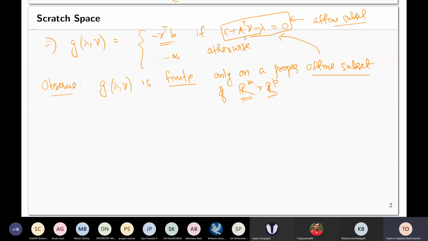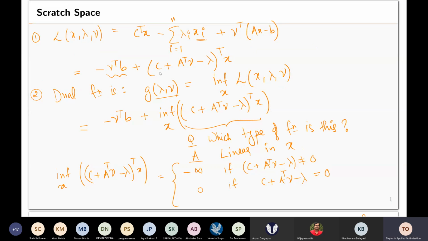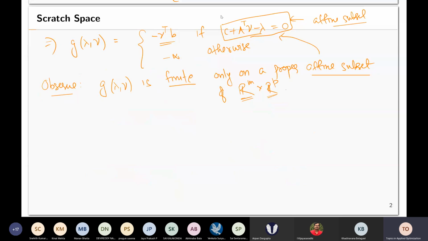And this will be a very common occurrence, because the nu and lambda that we see in the dual functions happen to be linear forms. So the conditions that we get will very commonly be like this. The dual functions will very commonly have valid non-infinity values on some affine subset.